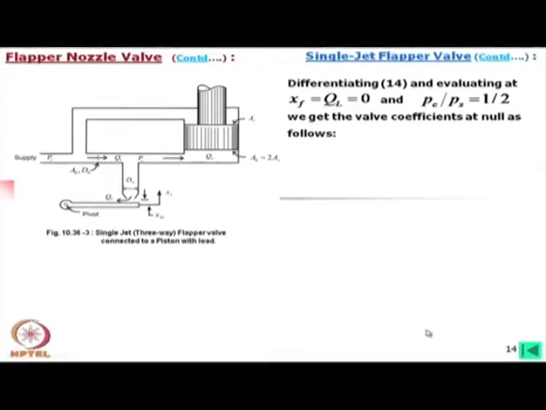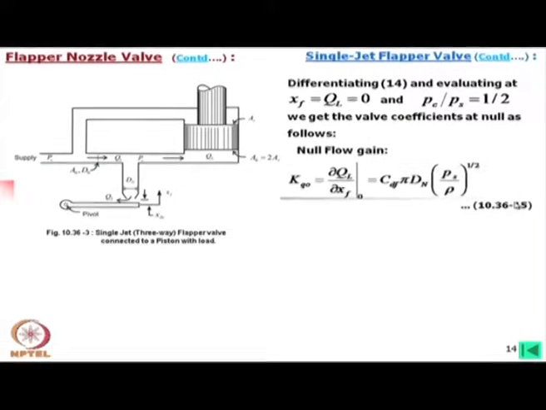Now, if we differentiate 14 and evaluate at x f equal to q L equal to 0, that is for the null position, and P c by P s equal to 1 by 2, then we get the valve coefficients at null position, and we can express these in this form.